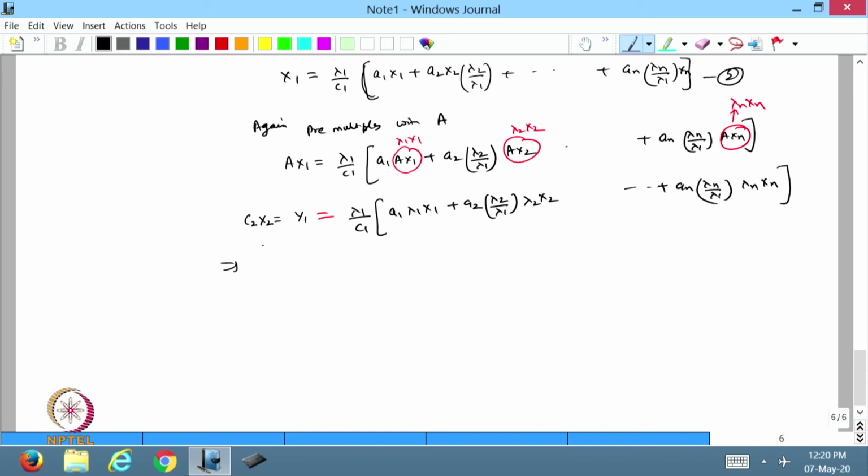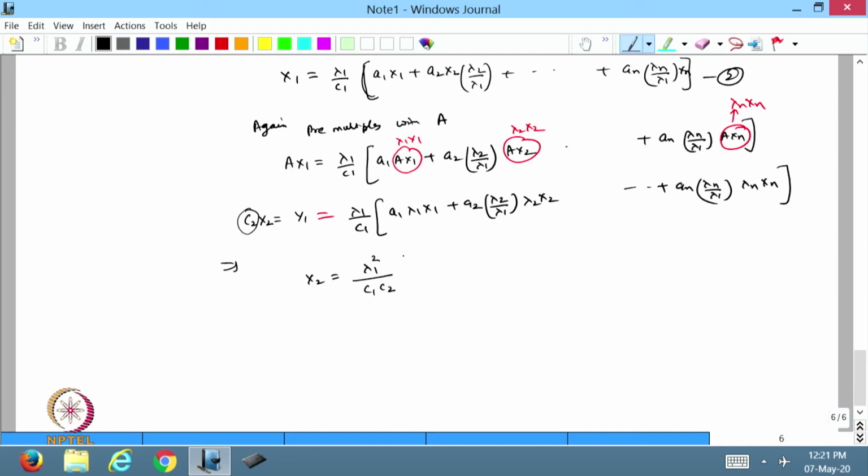So, x2 will have lambda 1 squared and C1 C2, because I have taken this as common. This is the highest value we are taking to make this vector a normalized vector.